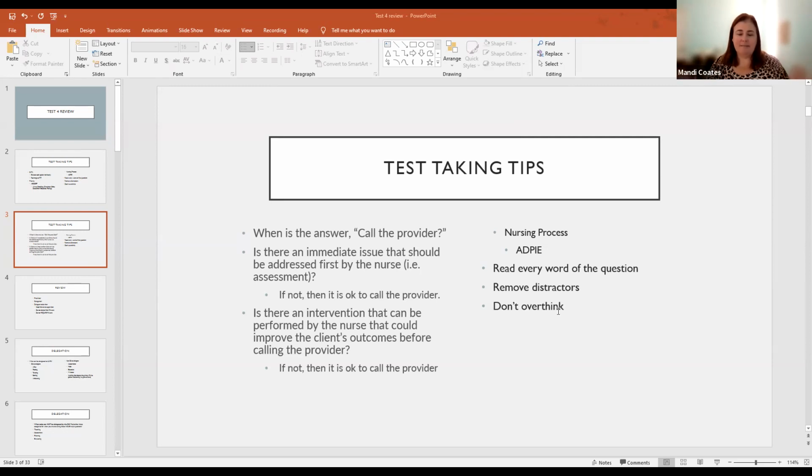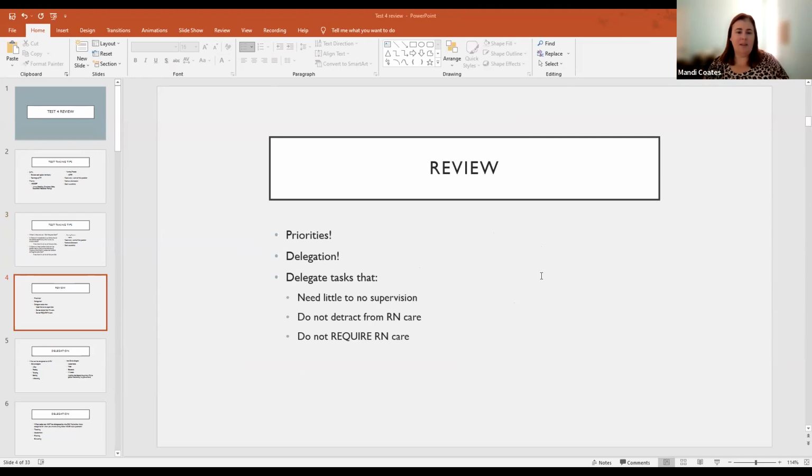If not, then it's okay to call the provider. So make sure you're doing everything you can do, assessing everything you can assess before you're actually calling the doctor. So remember your priorities. If you get it down to 2 answers, remember ABCs, DEF, and your nursing process.